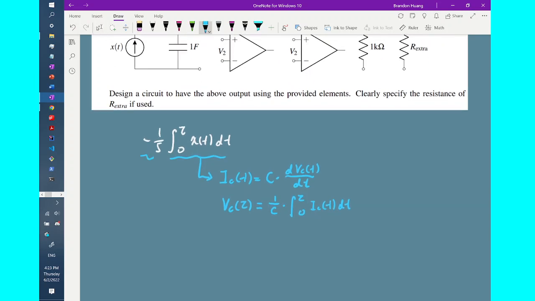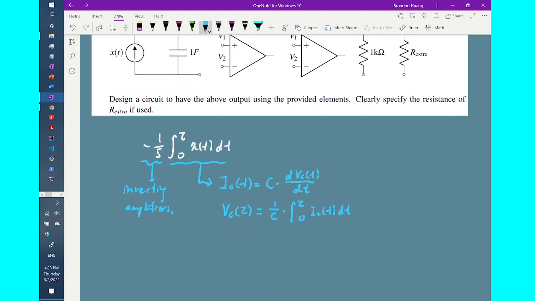The negative 1/5 here is a bit harder because we need a circuit or some kind of part of the circuit that can make the output a negative version of the input. That is what we do with an inverting amplifier, which takes 2 resistors and an op-amp. So let's try to design the circuit.